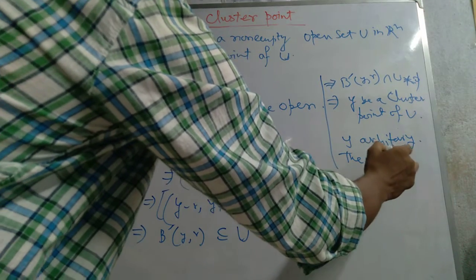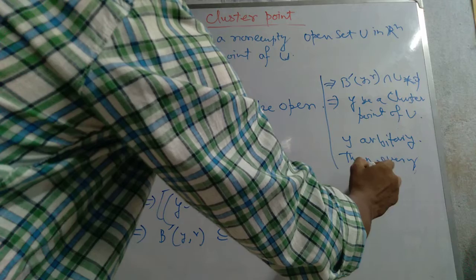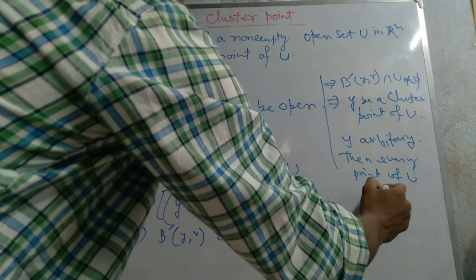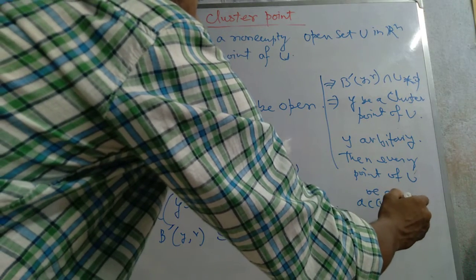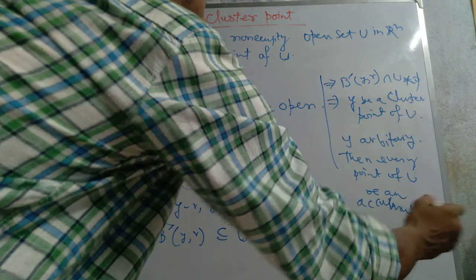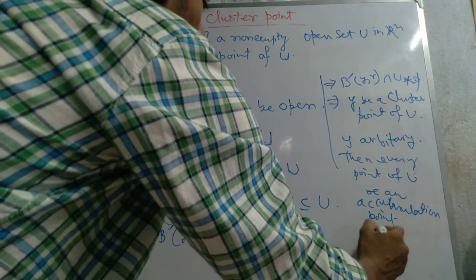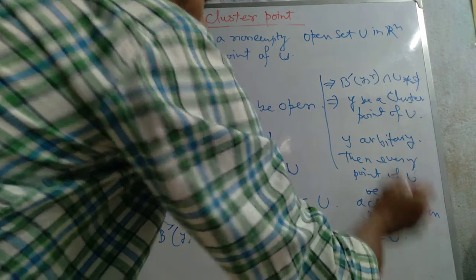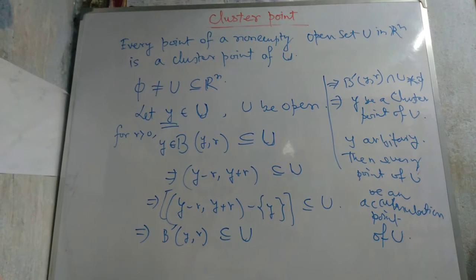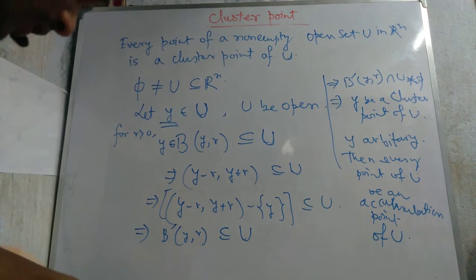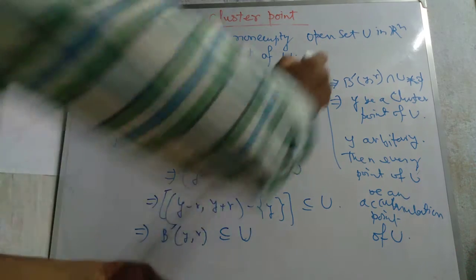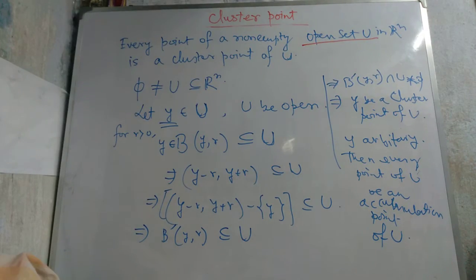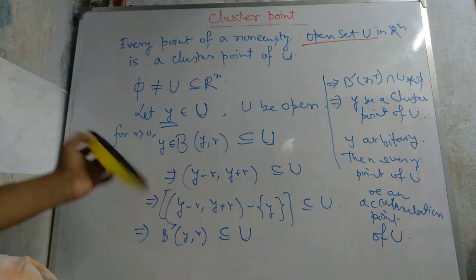Then every point of U is a cluster point or accumulation point of U. So we do this problem so easily. This problem is too easy and we do it so simply. We all understand this problem.